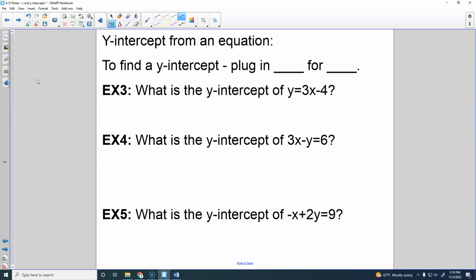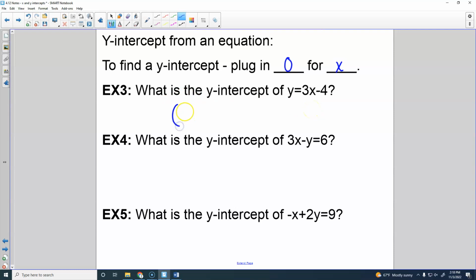A y-intercept from an equation. To find a y-intercept, you plug in 0 for x, right? Because if we have a y-intercept, the x-coordinate has to be 0. Now, do you really even need to do that for number 3? No, because it's already solved for y. So what is the y-intercept there? -4.